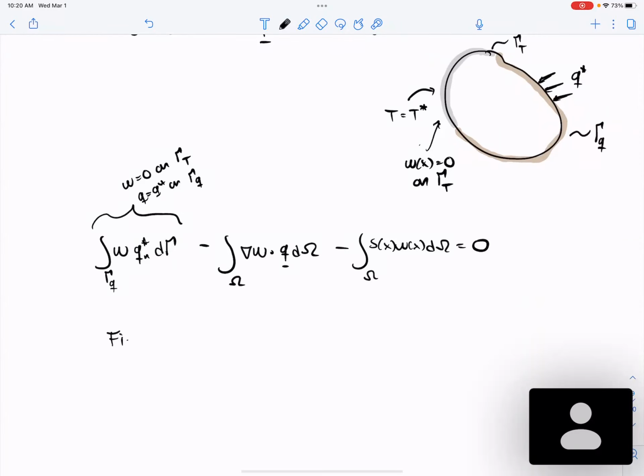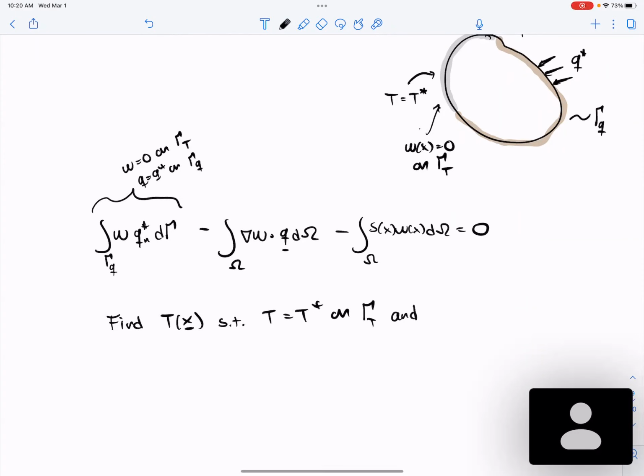So the problem is: find the temperature such that the temperature equals T star on gamma T, essential boundary condition, and equation 1 is satisfied for all W with W of X equals 0 on gamma T. And that's it. So this is the weak form.